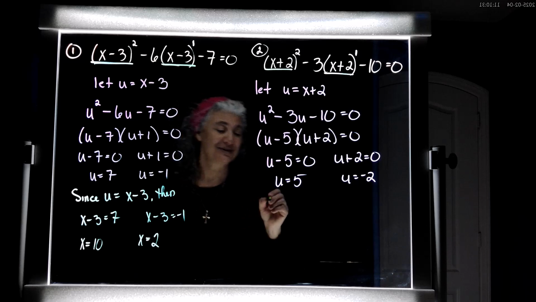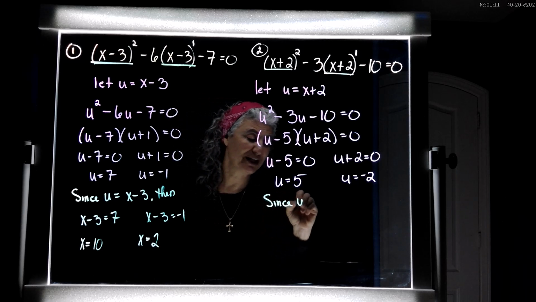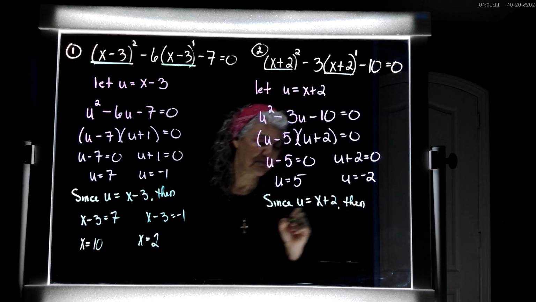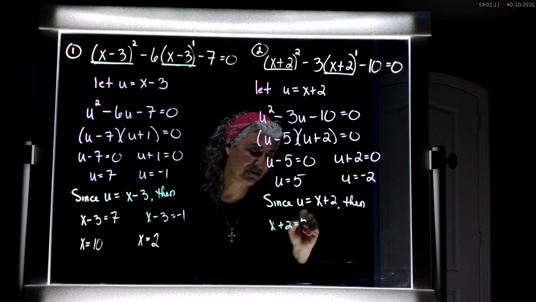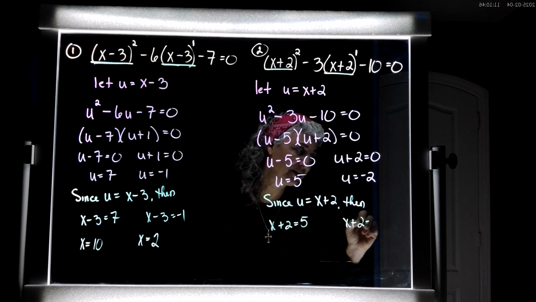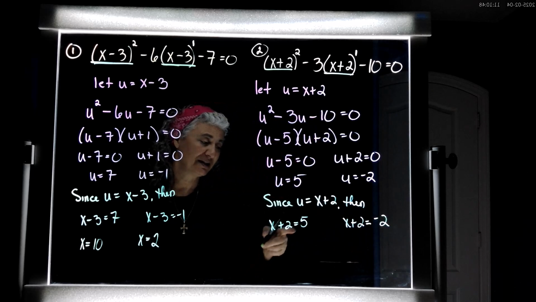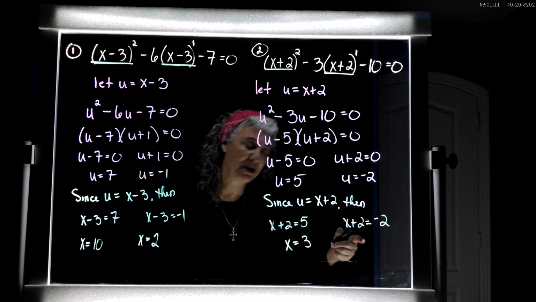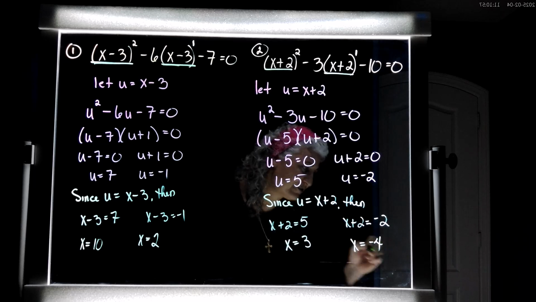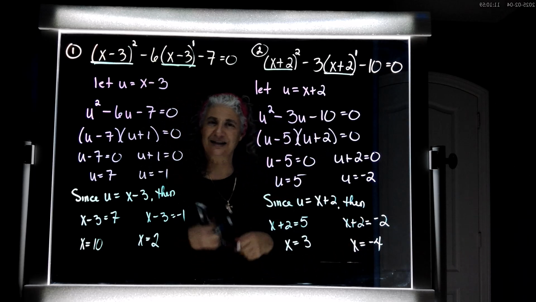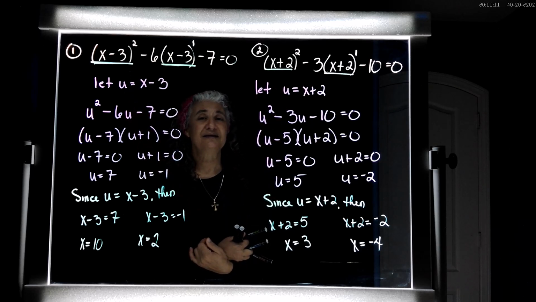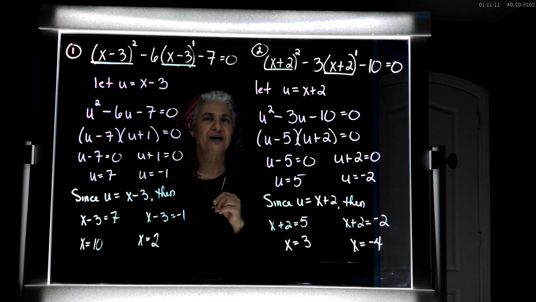Since you let u equal x plus 2 in the beginning, that means that it's x plus 2 equaling 5, and it's x plus 2 equaling negative 2. To solve, minus 2 from both sides, so that's a 3. Minus 2 from both sides, so that's negative 4. Good? Making sense? You know, these problems look like a lot of work, but when you recognize they're quadratic in nature, they're not so bad. Okay, I've got 2 more examples coming your way.